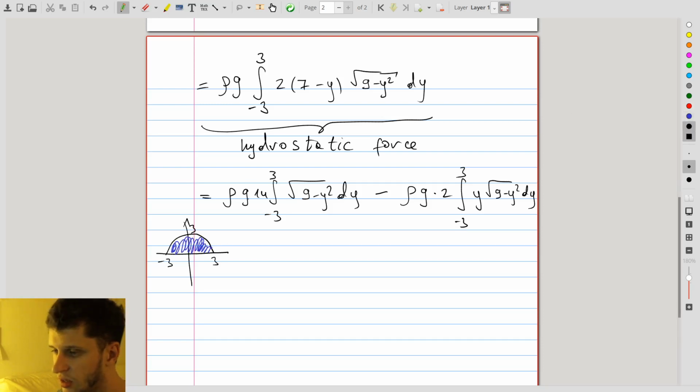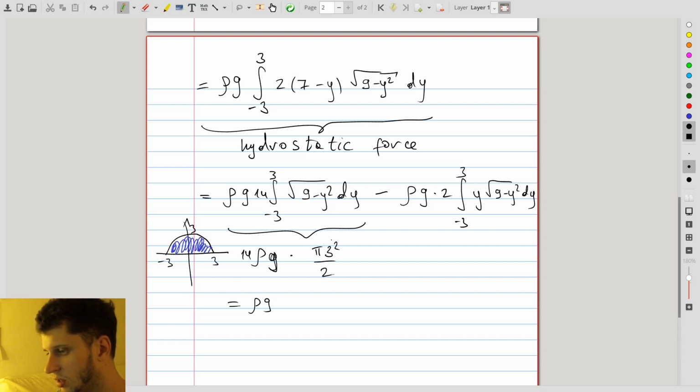So the first integral ends up being 14 rho g times the area of the upper half circle. If the circle has radius 3, that's pi radius squared over 2, so that's 7 rho g times 9, so we get 63 pi times rho times g.